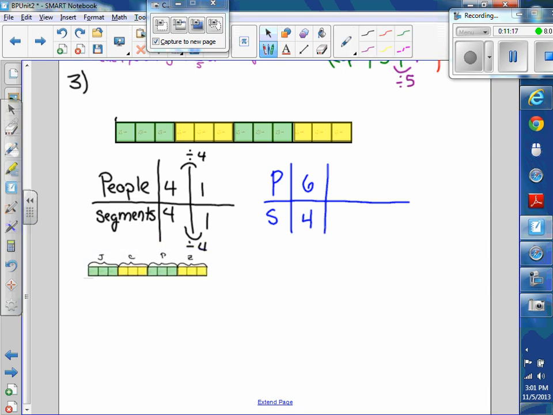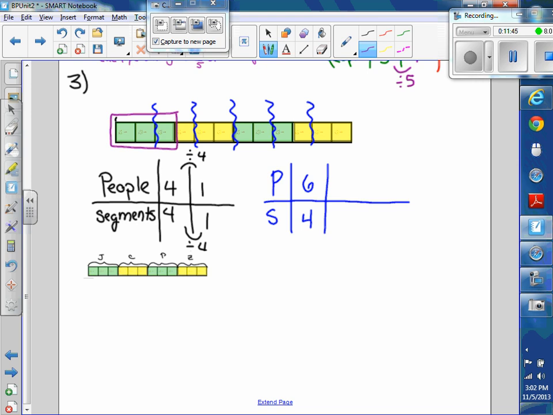But if I want to do 6 people, there's 12 little pieces, right? So, if you were kind of doing it yourself, you could just think of it this way, right? And so each person gets what fraction of a segment? 2/3. 2/3.